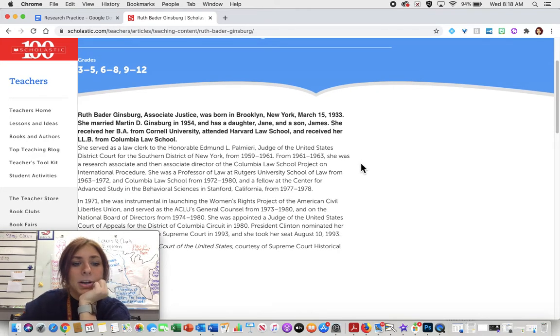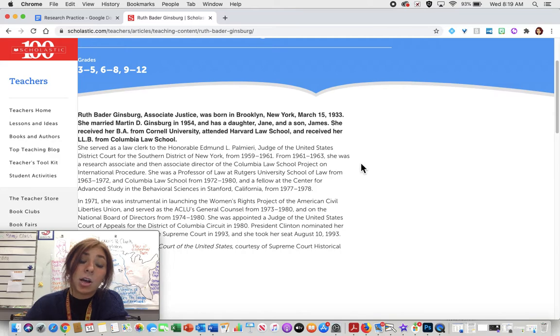It says, Ruth Bader Ginsburg, Associate Justice, was born in Brooklyn, New York, March 15th, 1933. She married Martin D. Ginsburg in 1954 and has a daughter, Jane, and a son, James. She received her BA, or Bachelor of Arts, from Cornell University, attended Harvard Law School, and received her LLB from Columbia Law School.